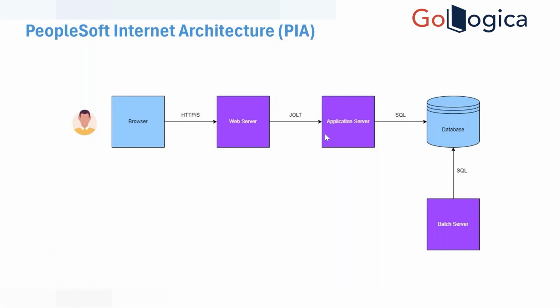But no one is connecting to your application server, right? There should be one web server which should connect to your application server, which is not existing right now. So we are going to create one web server domain now, which will connect to the application server we have just created.